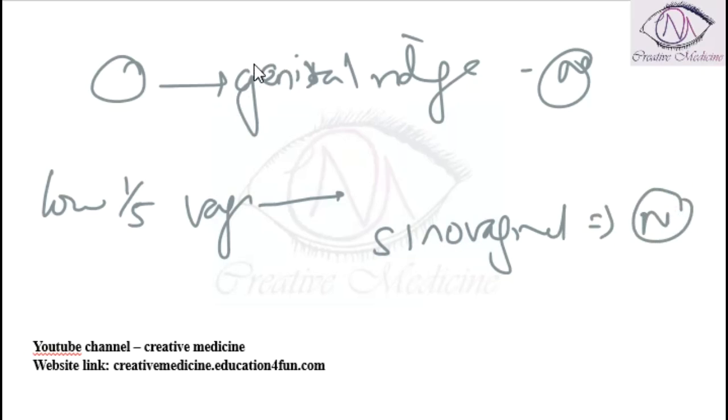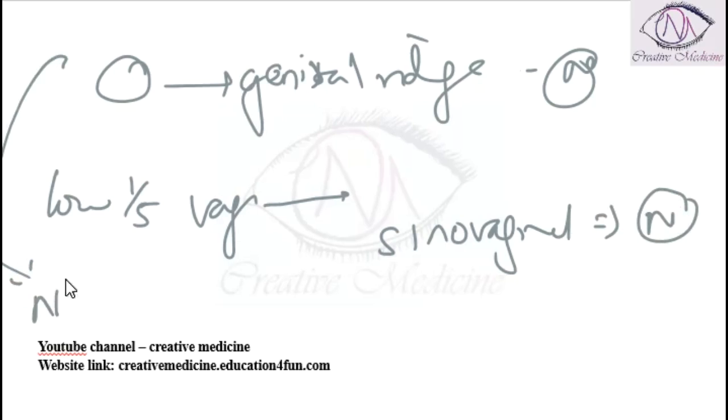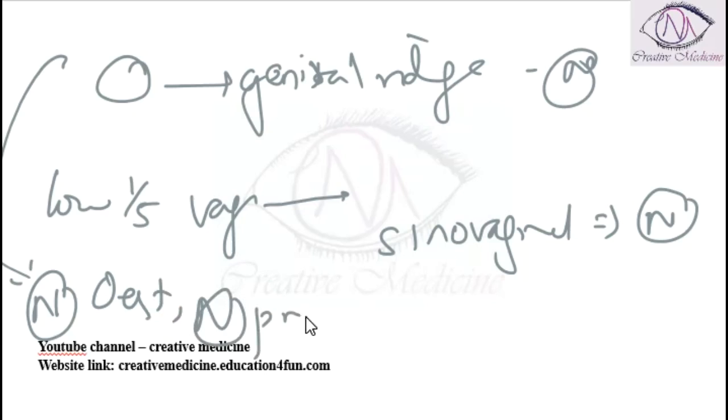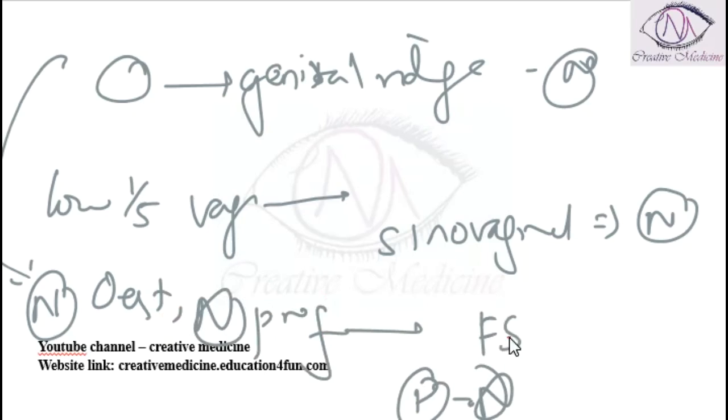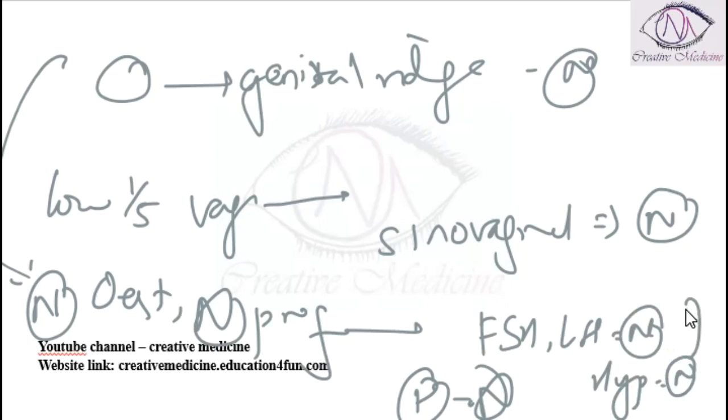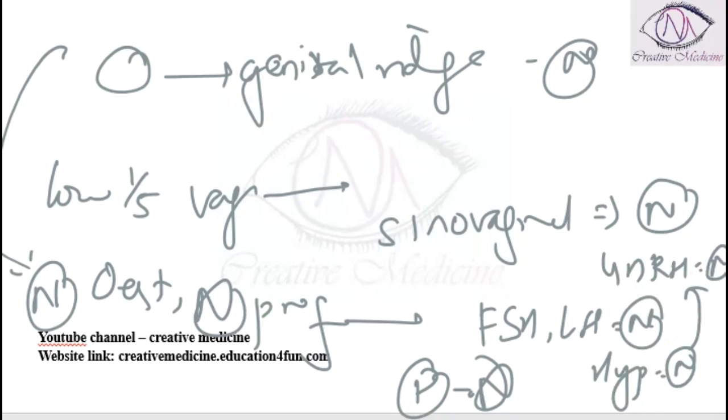Because the ovaries are normally developed, normal estrogen and normal progesterone are present. The pituitary is also normal, so follicle stimulating hormone and luteinizing hormone are normal, and the hypothalamus is also normal, so it produces normal amounts of gonadotropin releasing hormone.